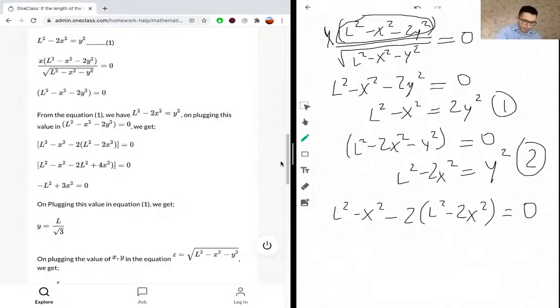So here we have L squared minus 2L squared, which is negative L squared, and then we have negative x squared minus negative 2x squared, so that would be plus x squared.